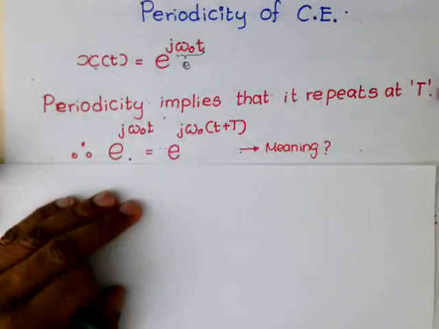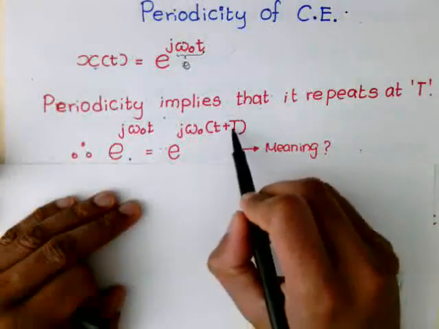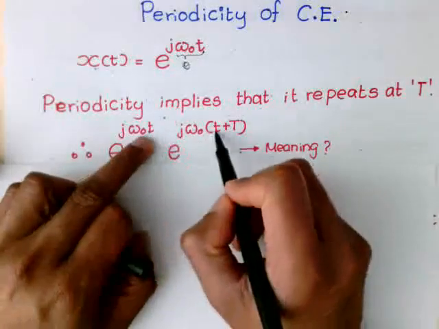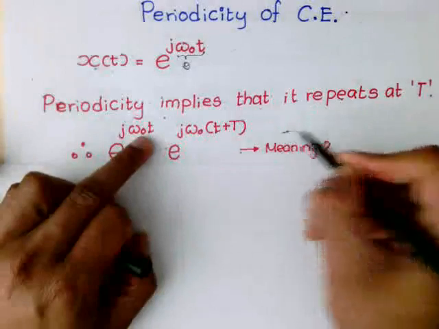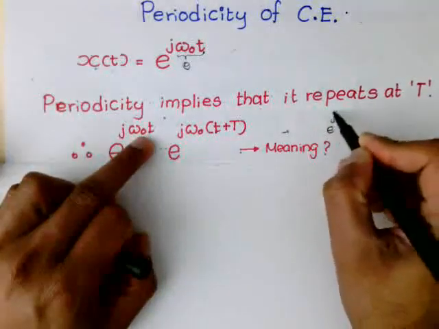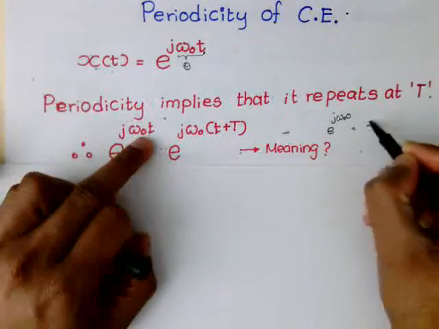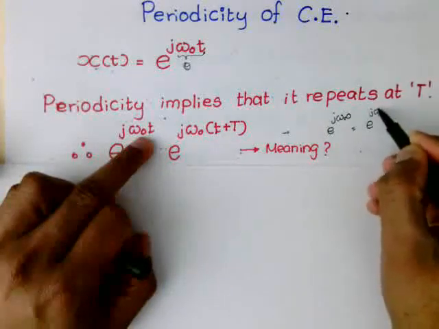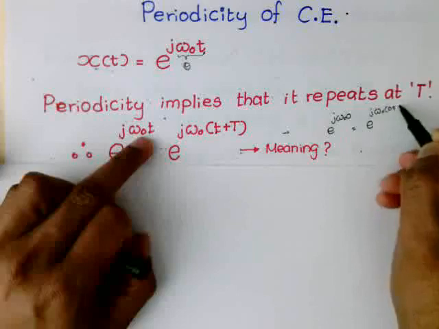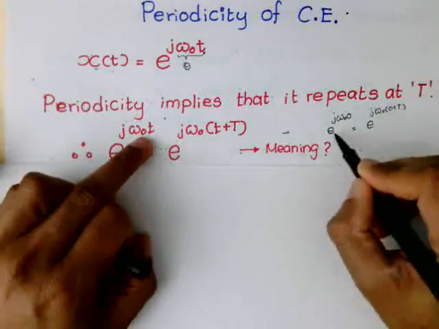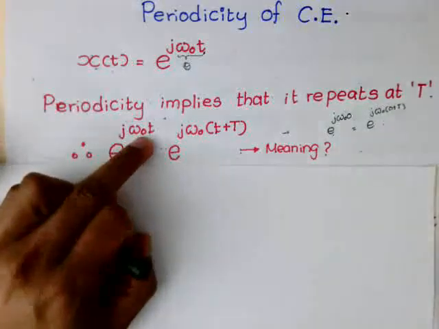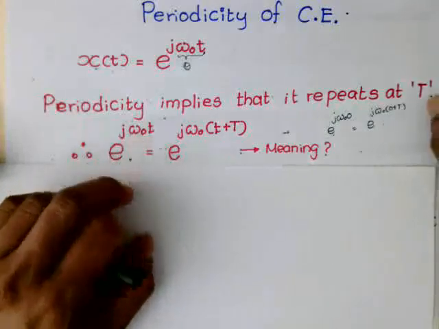So when we substitute t equals 0 here, that means e^(j omega naught 0) is equal to e^(j omega naught (0 plus T)), which means the signal is repeating after that period, capital T.